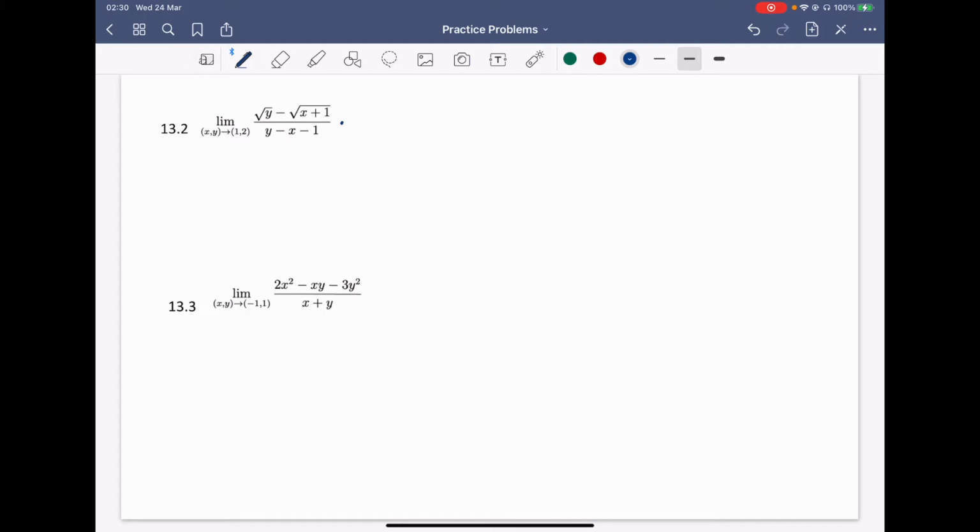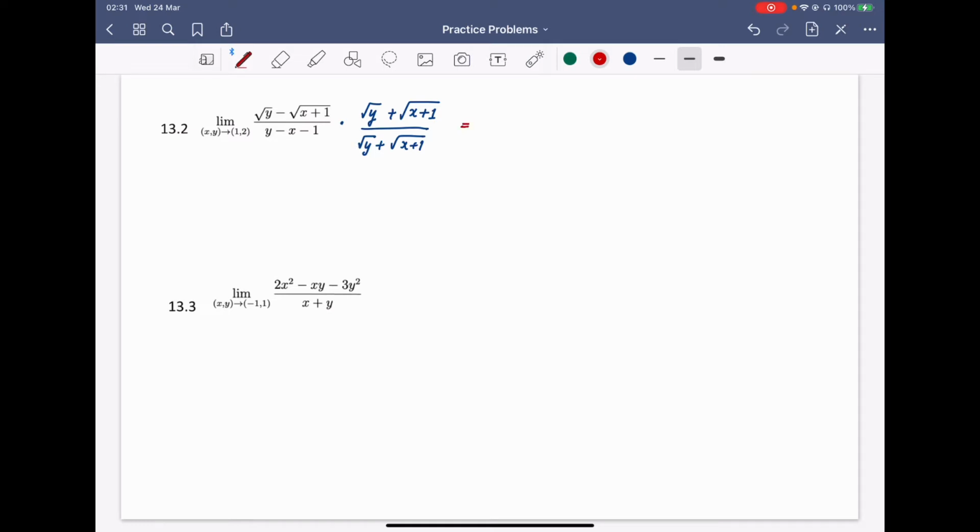Because I see square root y minus square root x plus 1 on the top, I am going to multiply by square root y plus square root x plus 1 on the top. And to balance it, I need to multiply by square root y plus square root x plus 1 on the bottom too. This means I just use the number 1 to multiply the original form. So this is valid. So I can keep going.